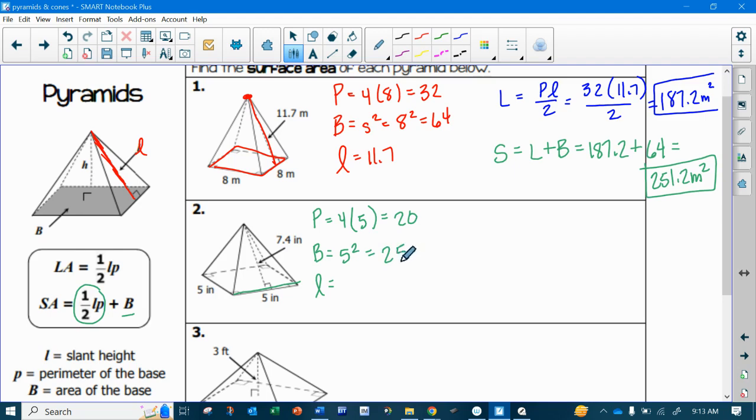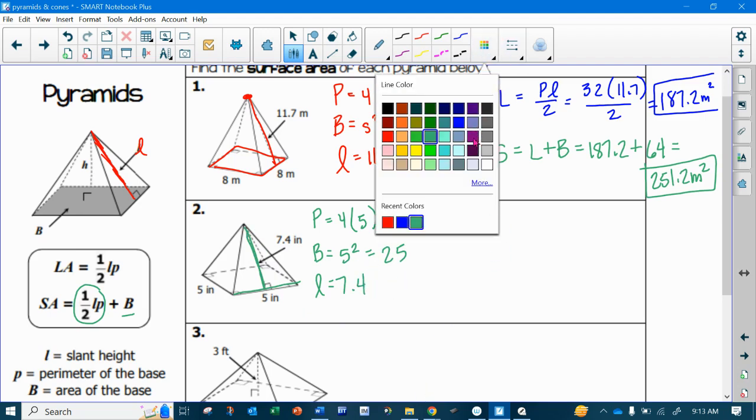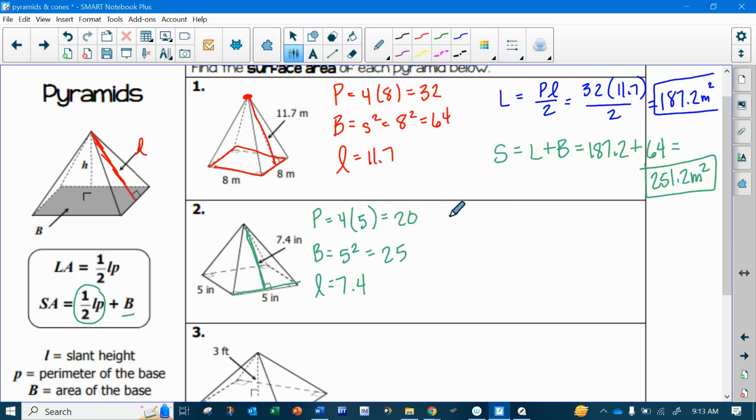So that is 25. The slant height, they gave it to us at 7.4. So now that I have PBL, I can find the lateral area, which is PL divided by 2. So 20 times 7.4 divided by 2, and that is 74 inches squared.